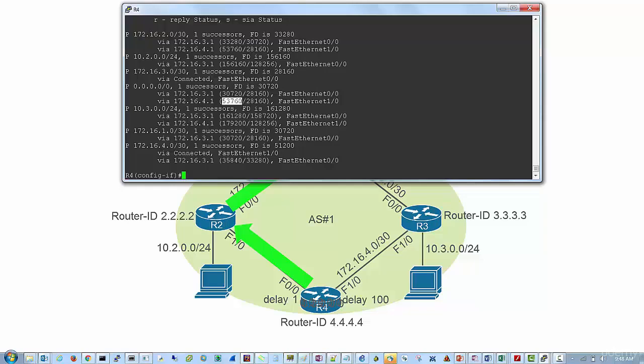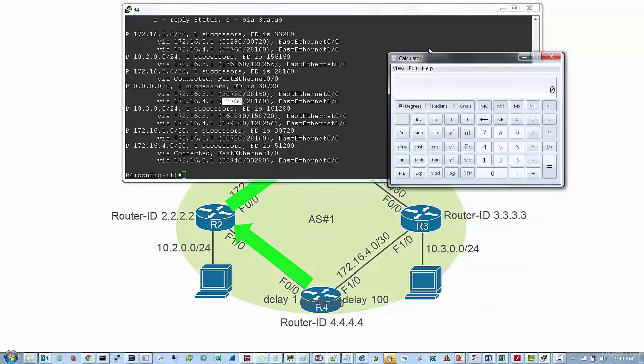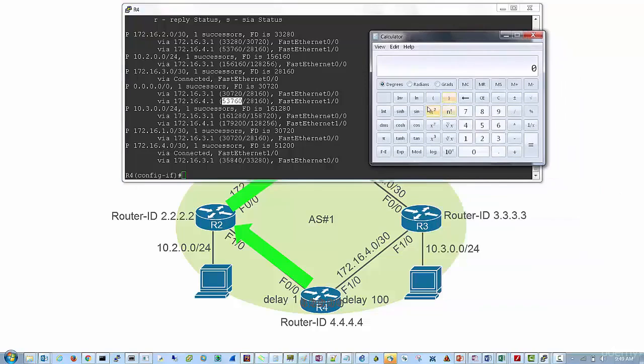So variance is just a way to kind of trick EIGRP into installing routes into the routing table that it shouldn't. So let's say you had two paths to a route and they didn't have the same metric, but you wanted to install both of them in the routing table, then an easy way would be to use this variance command. First, let's get our calculator out here and let's try to predict what this variance would be.